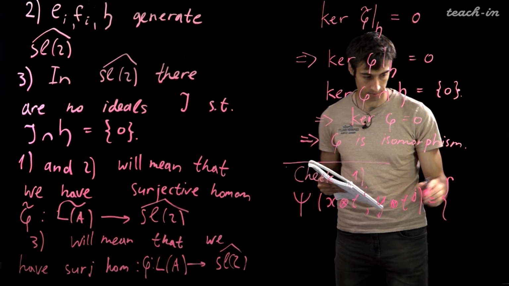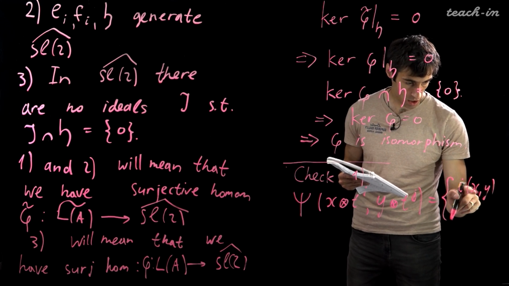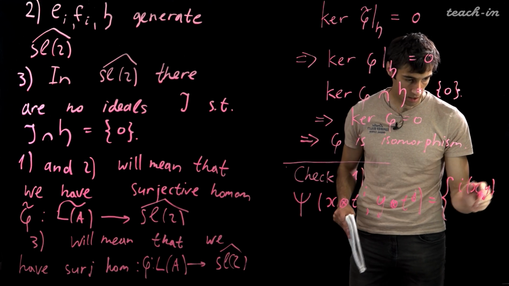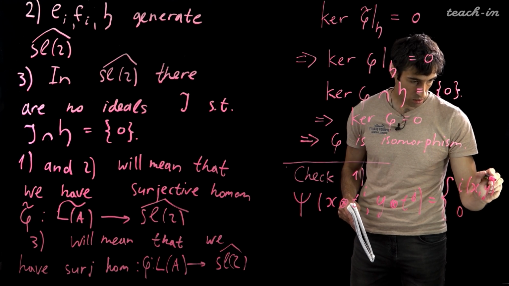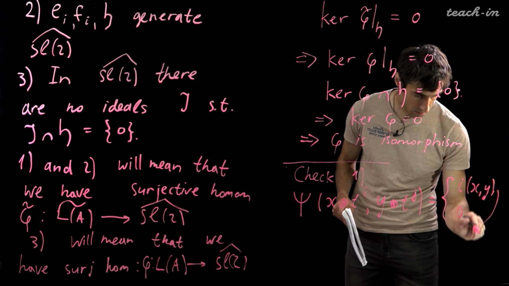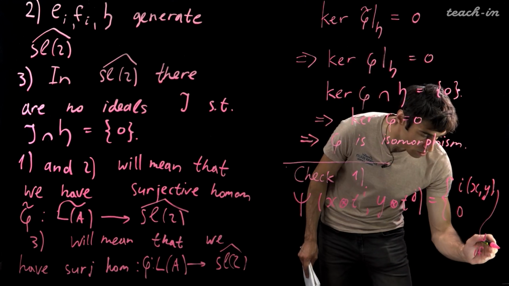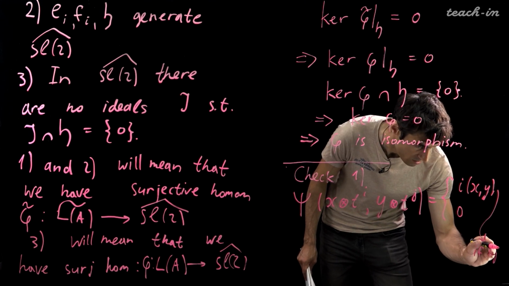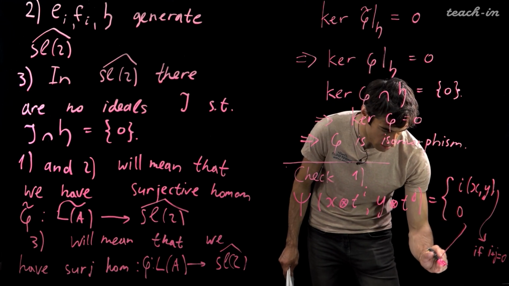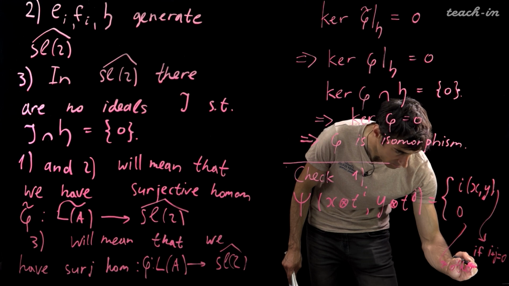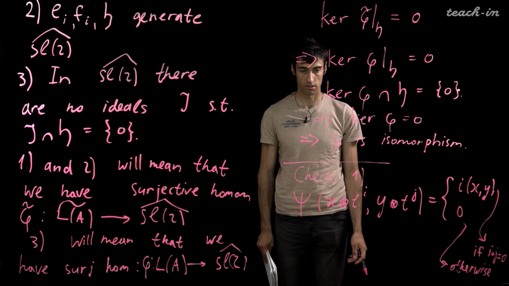It is i times the trace form of x, y, if you remember, if i plus j equals 0, and 0 otherwise. So this is the formula for our Tuka cycle.